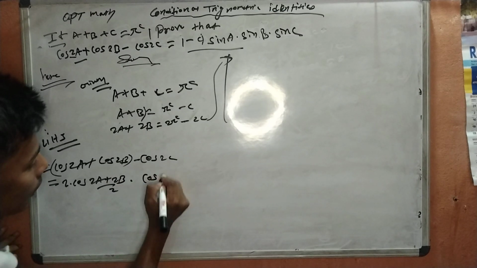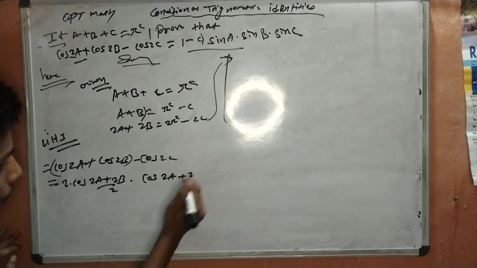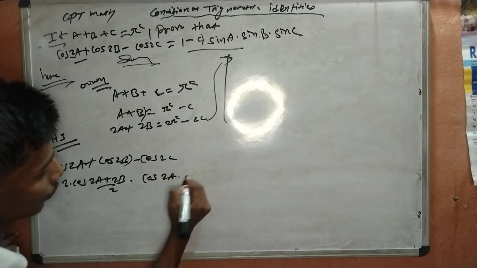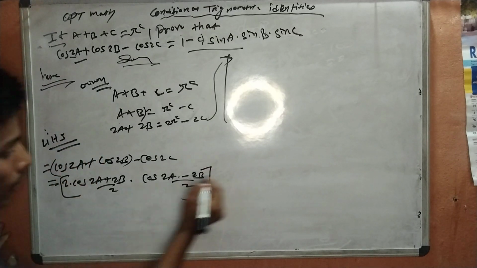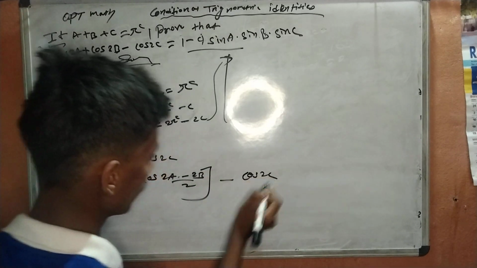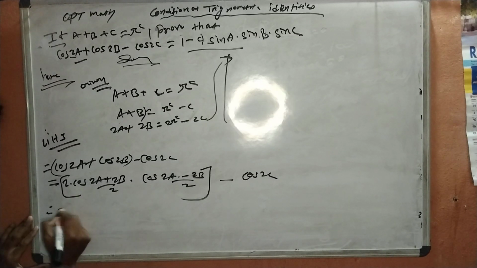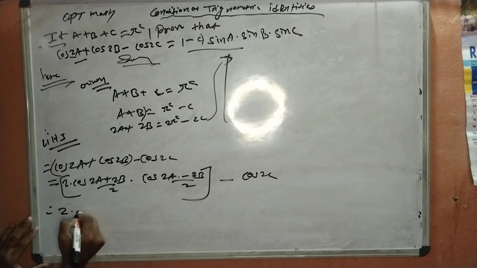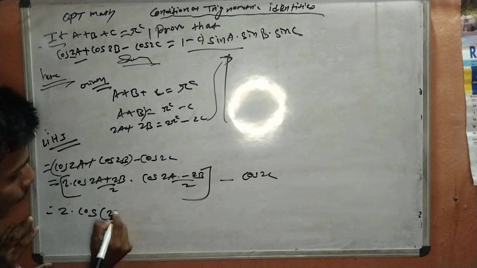cos((2A plus 2B) by 2) times cos((2A minus 2B) by 2), and the rest stays the same, minus cos2C. Here, what you have to do, all of you, my friends, let me tell you. I'm going to keep it like this, cos 2A by 2.